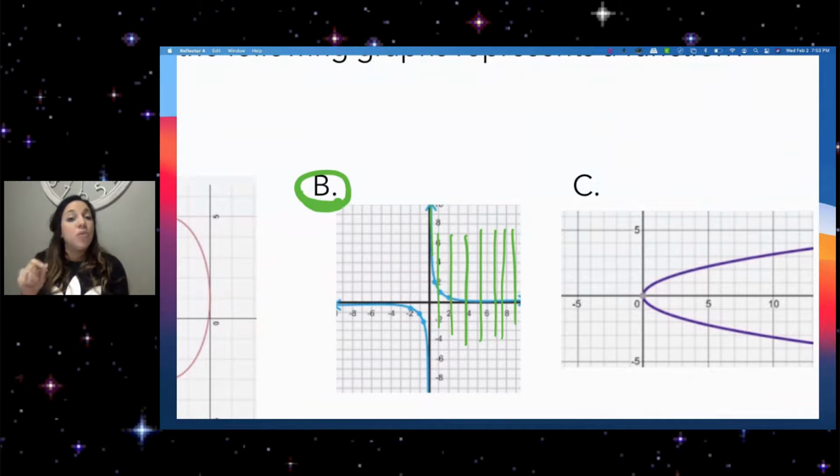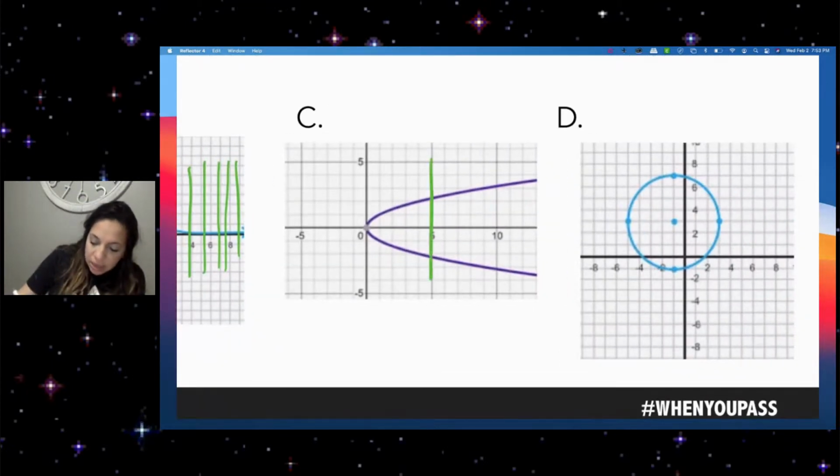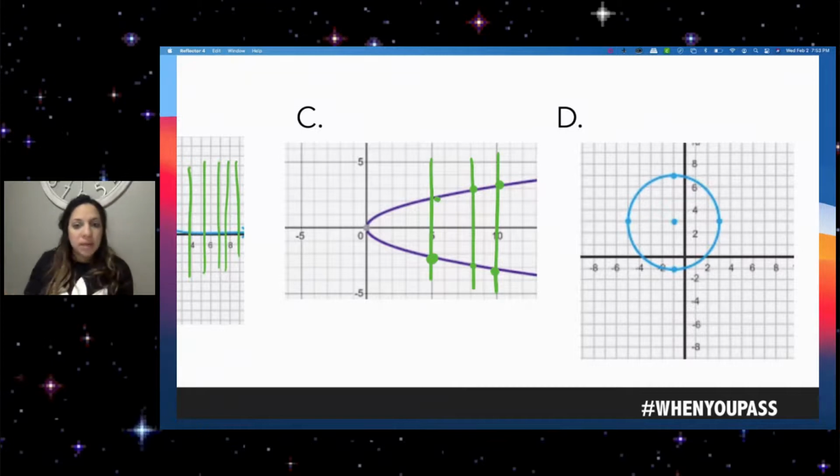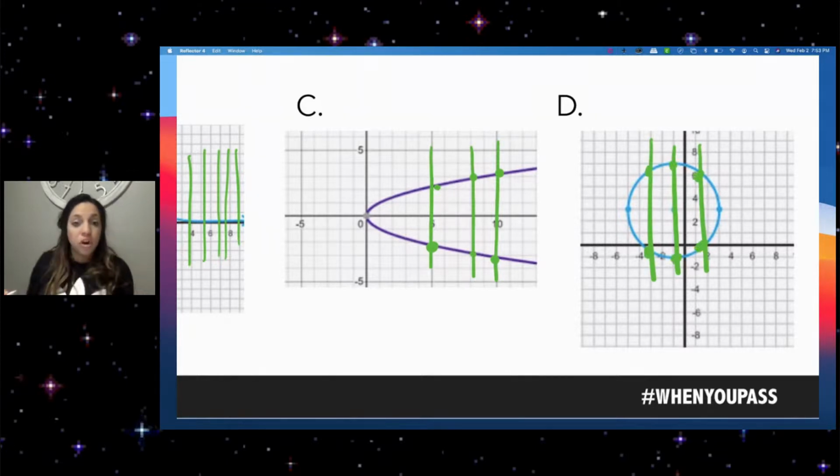But like I said, if you get confused by that, this is very obviously not a function because it passes through 2 times in multiple places. And this is very obviously not a function either because it's going to cut through that circle 2 times on that vertical line.